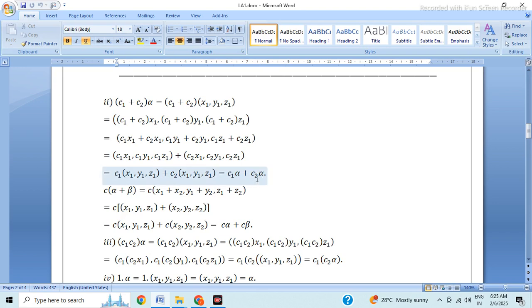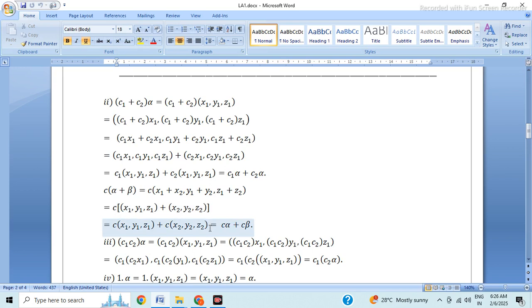Then one more condition is C into alpha plus beta. Instead of alpha plus beta, you can add and write x1 plus x2, y1 plus y2, z1 plus z2. Again, we can split that: x1, y1, z1 as the first term, x2, y2, z2 as the second term. Then C into alpha plus C into beta.